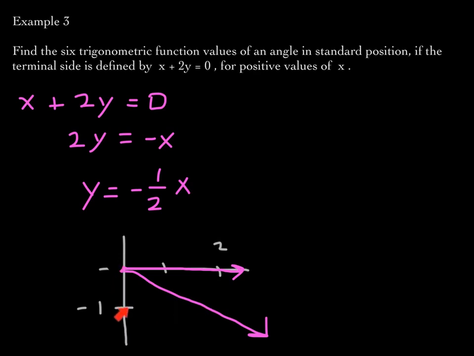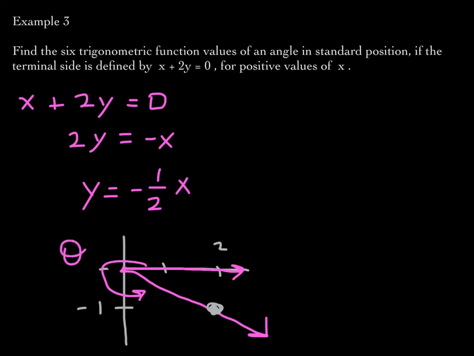Rise over run. Okay? So then the point that it's going through is (2, -1). That's (2, -1) right there. So this is your angle. Okay, this is your angle theta.